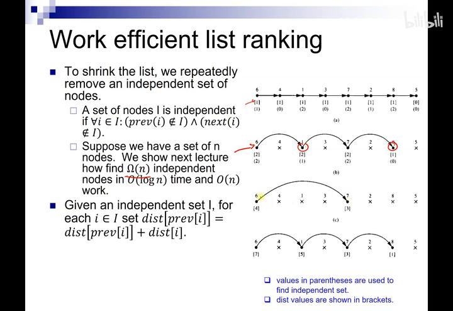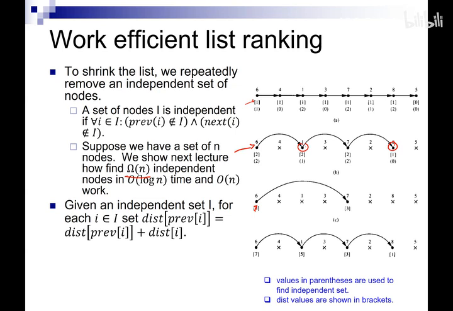And when you apply the pointer jumping, then you're going to compute that this node is going to get a distance of his own distance plus the next node's distance, which is 7. So this node is going to end up with a value of 7 over here. Okay, so now we've reduced the set of nodes down to a small set of size n divided by log n.